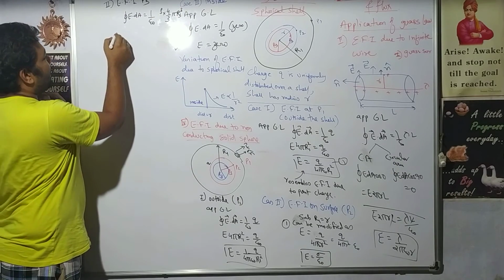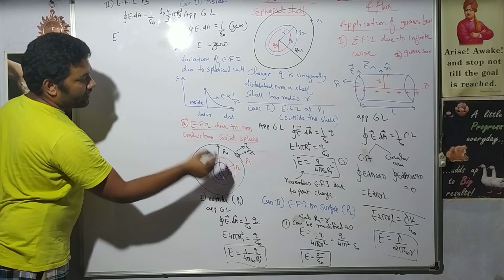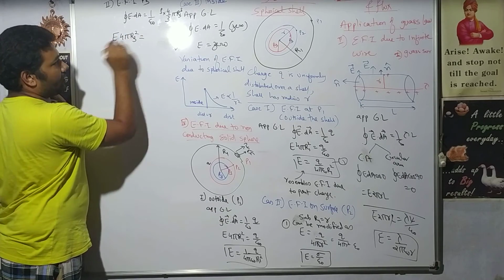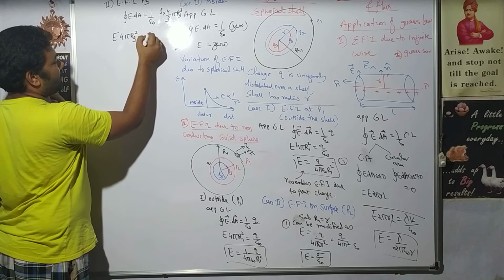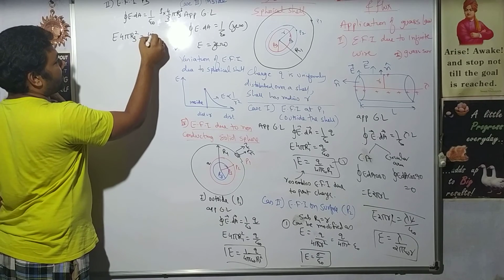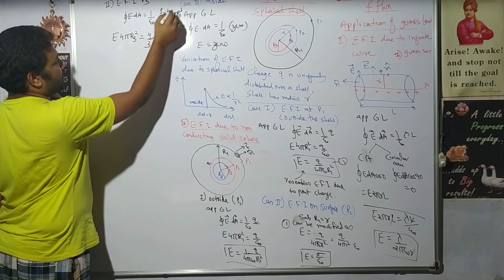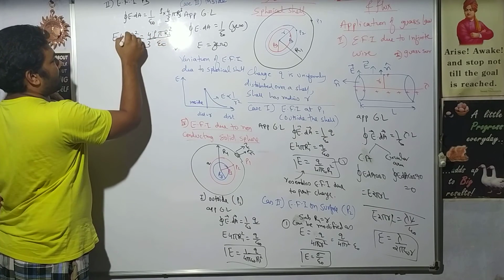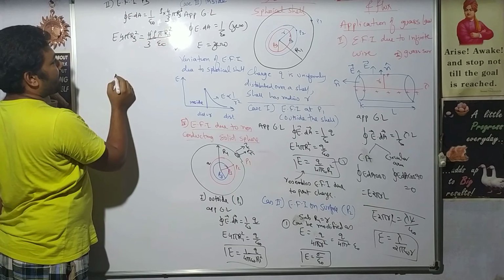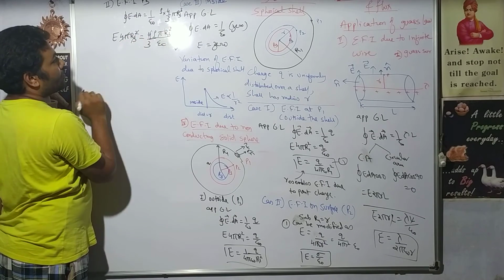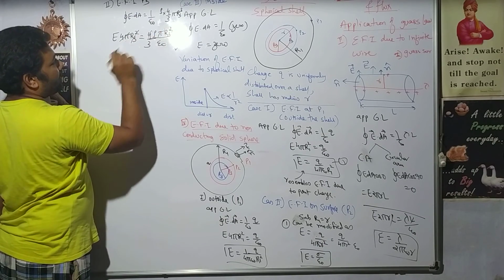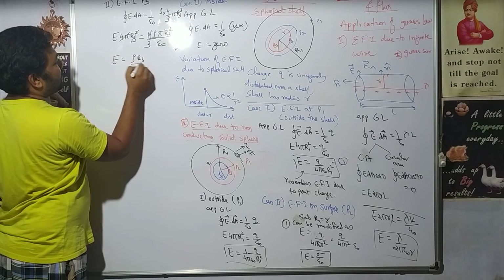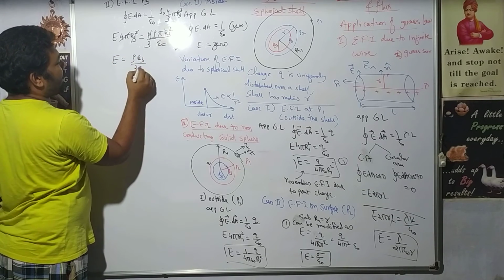Now again simplifying for the electric field, what will be the area of this sphere? Area will be 4 pi r3 square. Correct? So it will be 4 by 3 rho, then pi r3 cube upon epsilon naught. 4 pi gets cancelled, r3 square and cube get cancelled, r3 remains. So the electric field will be rho r3 by 3 epsilon naught.